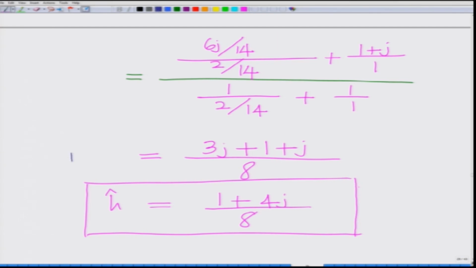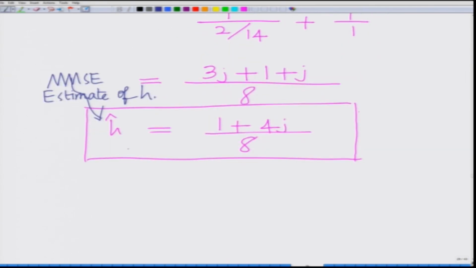This is the MMSE estimate of the channel coefficient H.